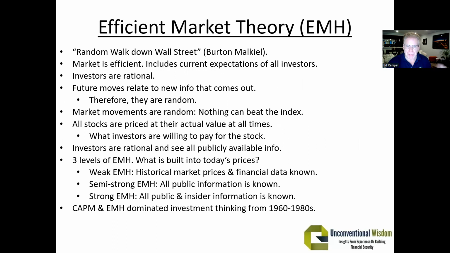The thinking is investors are rational and bidding for companies, so that's really the fair price for what they're worth. That means when prices move in the future, it has to be based on new information coming out. We don't know what information is going to come in the future, so therefore stock returns are random. That's the thinking here.